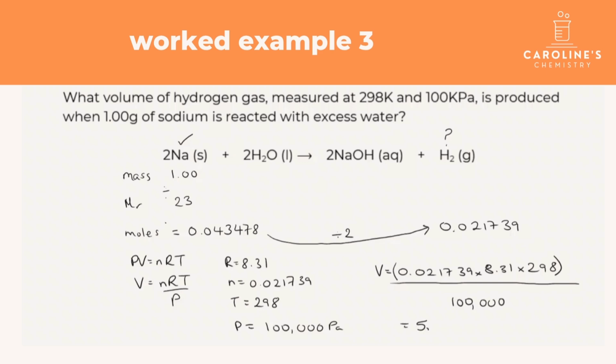Our volume therefore comes out as 5.38 times 10 to the minus 4. And remember the standard units here is meters cubed for volume. Double checking the number of significant figures, all of the data in the question that we used was 3 sig figs, and that is 3 sig figs for our answer.